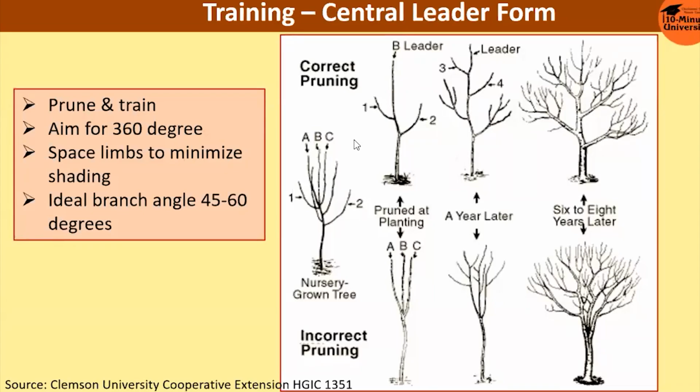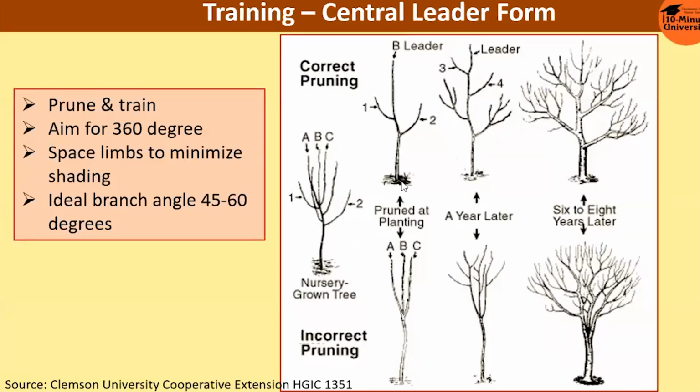They're all kind of stuck together. And if we want a central leader form, we only want 1 leader. So 2 should go. And then the branches down below, you can see they have very little vertical distance between them. So the simple way to fix is remove the 2 in between and keep those 2 labeled 1 and 2.